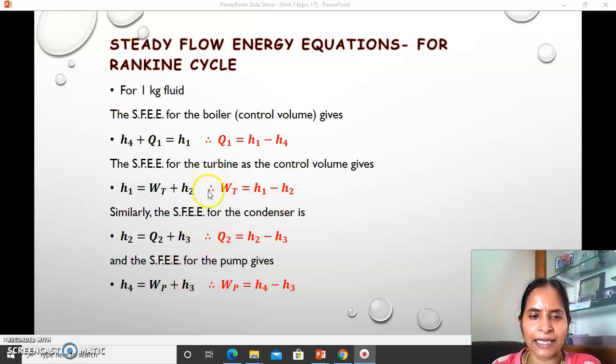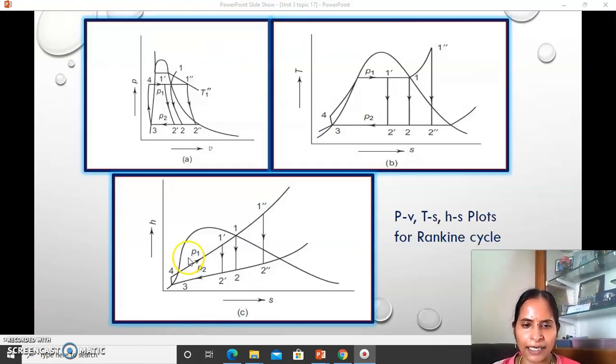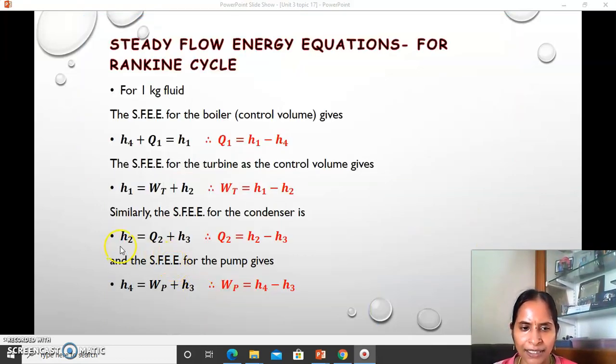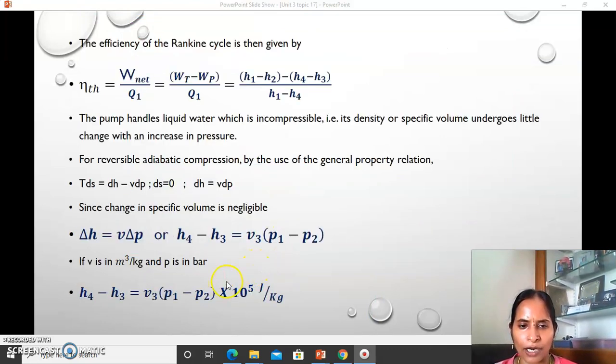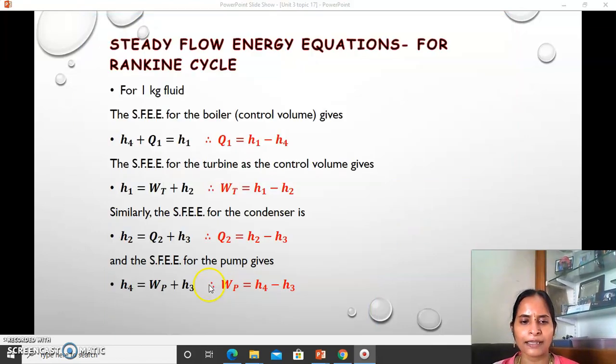Similarly, in the opposite manner, you can write for the condenser and pump. In the condenser, the energy is higher at point 2 than at 3, so the heat rejected is H2 minus H3. When writing for the pump, H4 is higher than H3, thus the pump work is the difference.